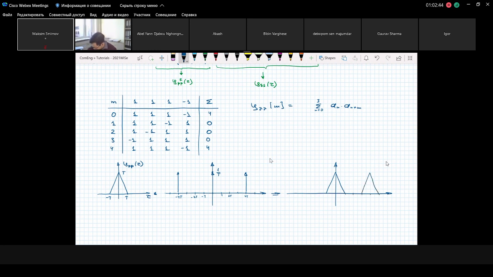We replace each delta pulse with a triangular pulse. And the resulting amplitude should be 1.